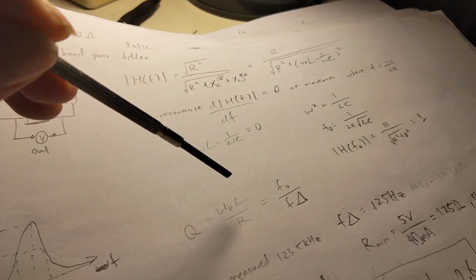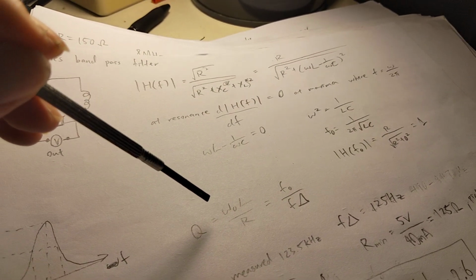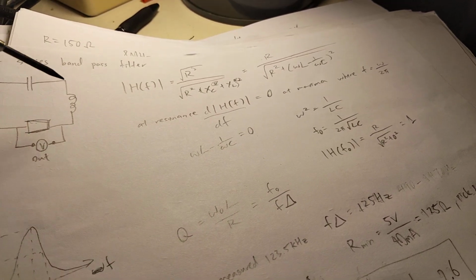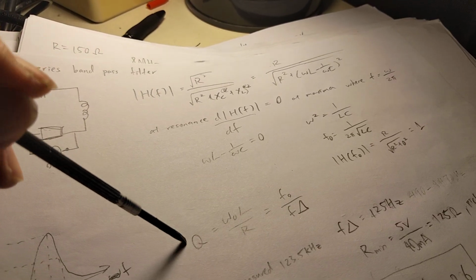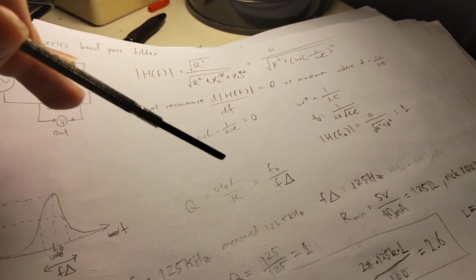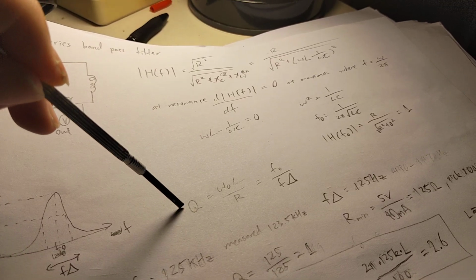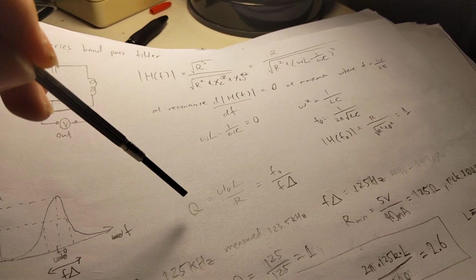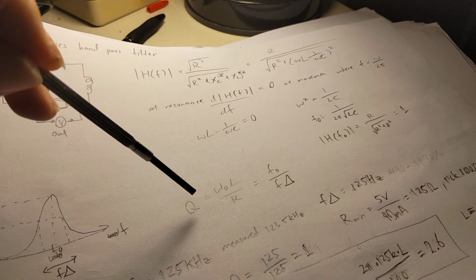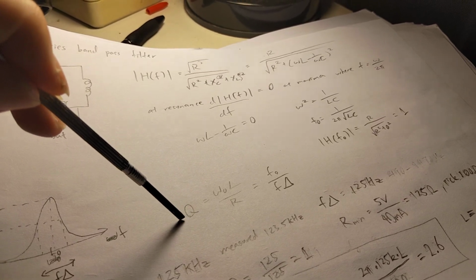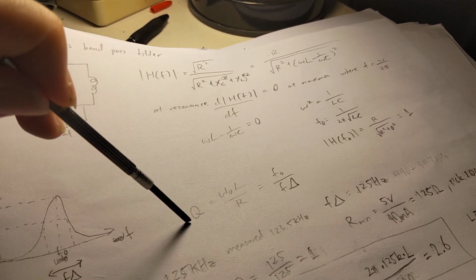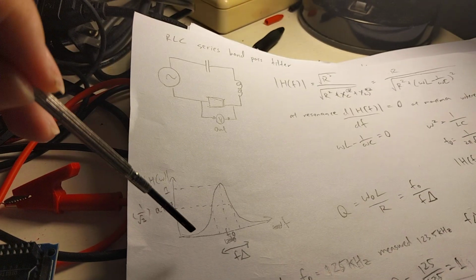To determine that, there's a couple of other things in the circuit to work out. The first is the Q factor. The Q factor is basically how sharp you want the filtering to be. How much of the frequencies around the resonance frequency do we want to pass in the band filter? The bandpass filter looks something like this.